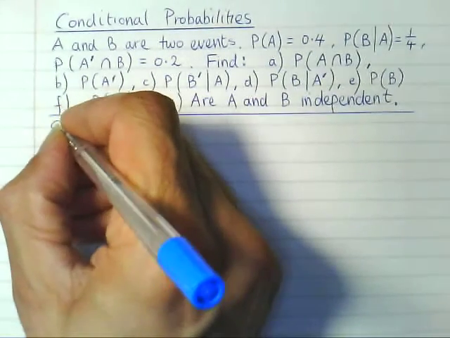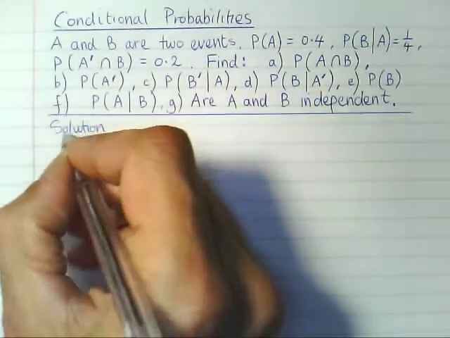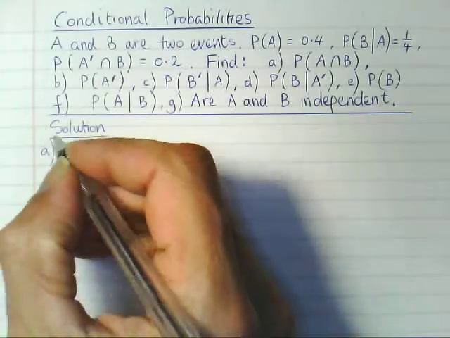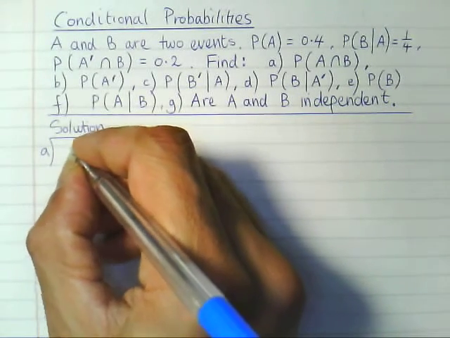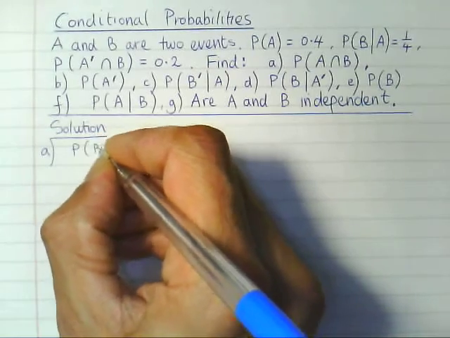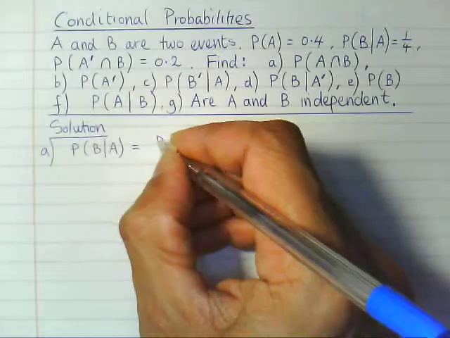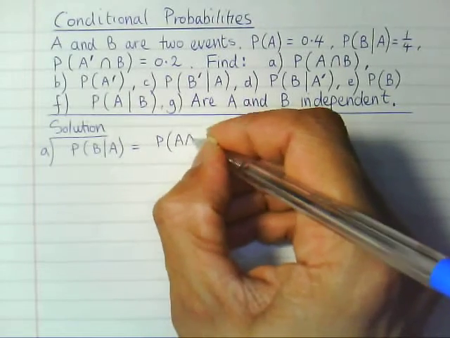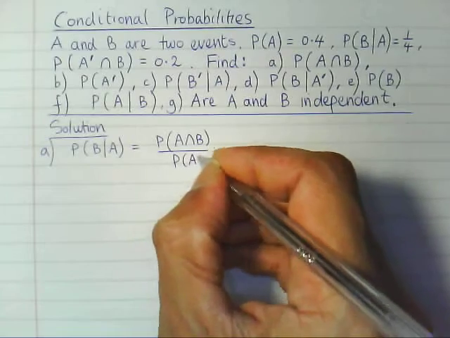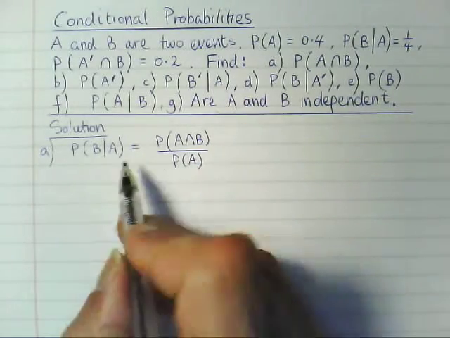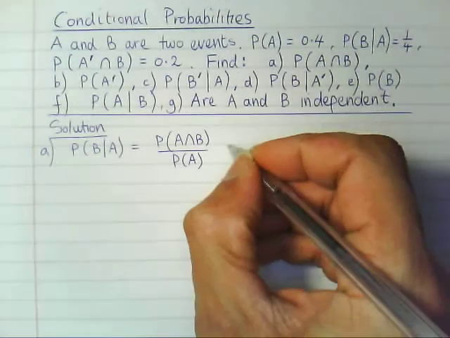Okay, so if we start with part A, we know from conditional probability that the probability of B occurring given A has happened is equal to A intersection B over the probability of A, but we are told that this is equal to 0.25.